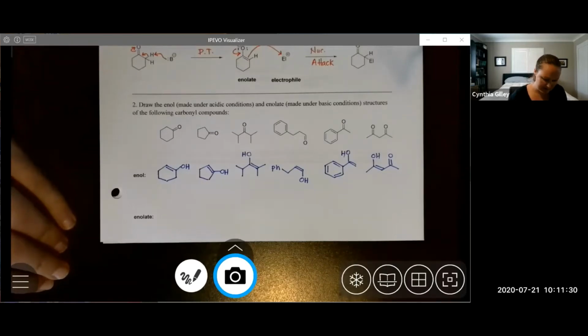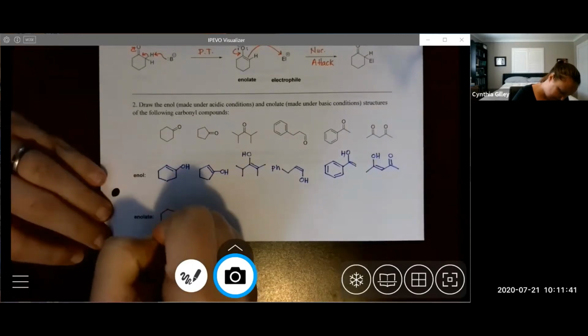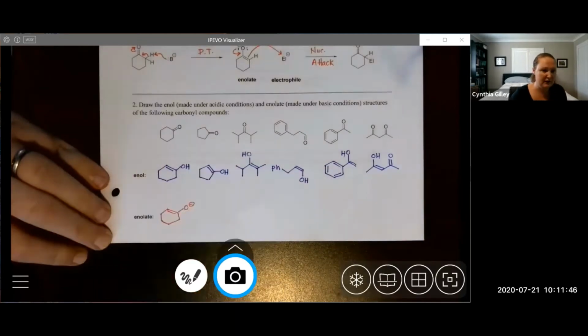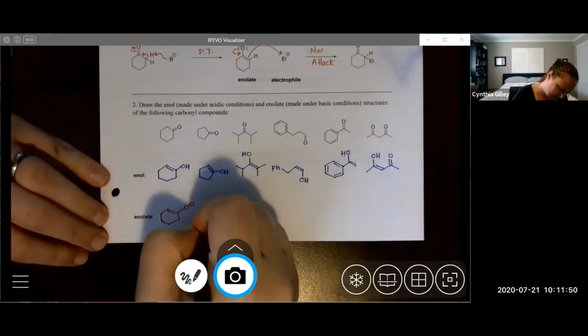So the enolate is going to be very similar to the first case. You're just, instead of having an OH, we have an O minus. So we can basically just recopy what we had up here and have an oxygen with a negative charge. And of course it would have 3 lone pairs, but we don't need to draw that in unless we're drawing a mechanism.